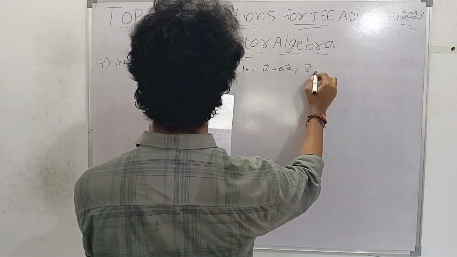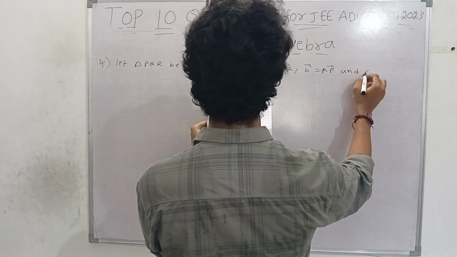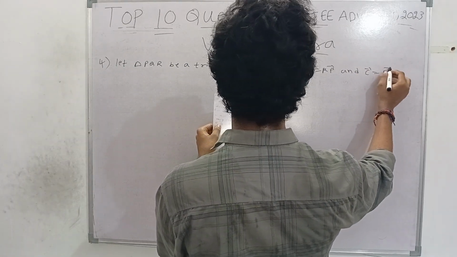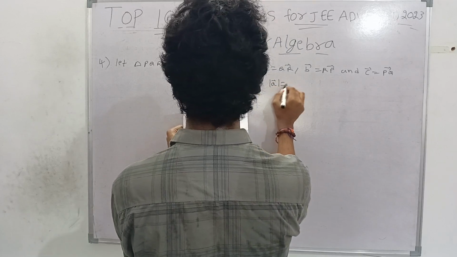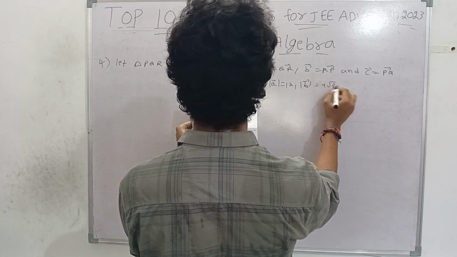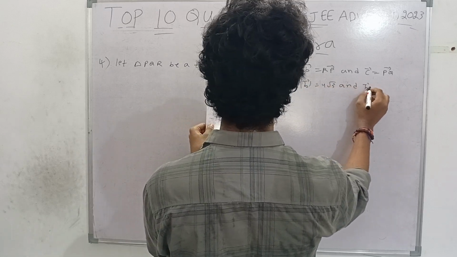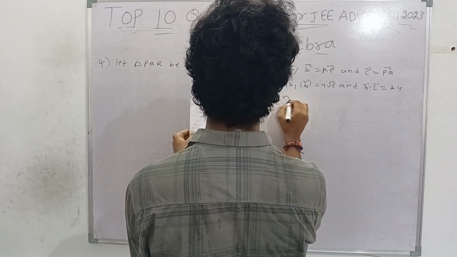Similar question, but there is a slight change. B vector equal to RP vector and C vector equal to PQ vector. They are saying if magnitude of A equal to 12 and magnitude of B vector equal to 4 root 3 and B vector dot C vector equal to 24, then which of the following is correct?